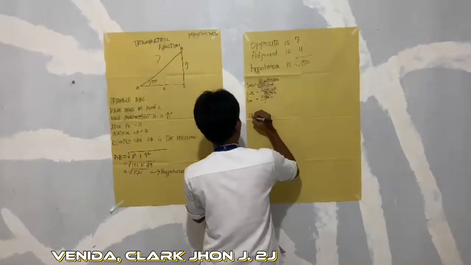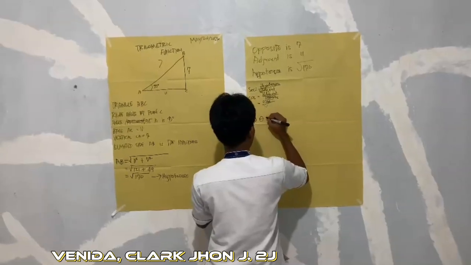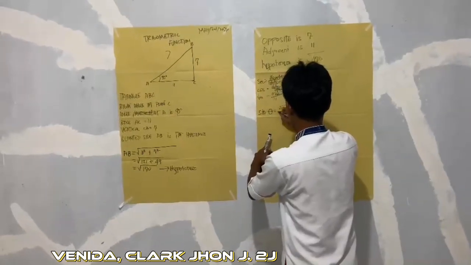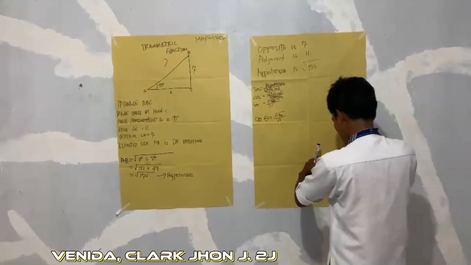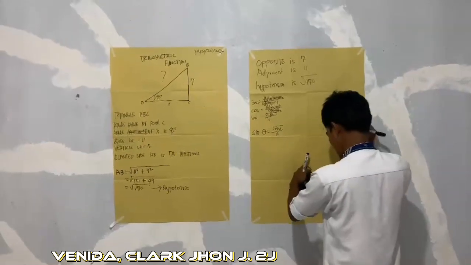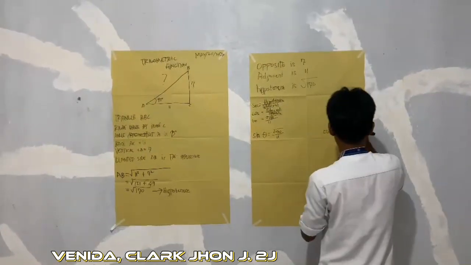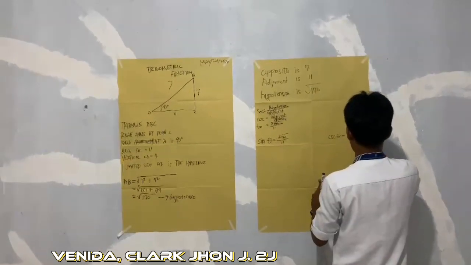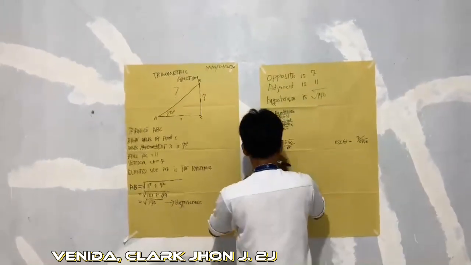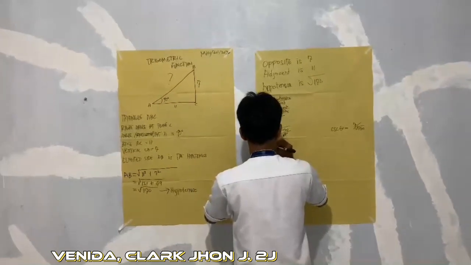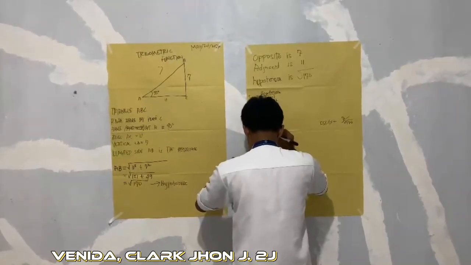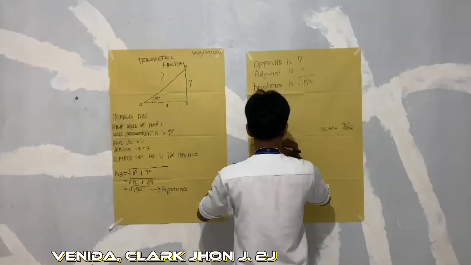Sin is 7 over square root 170. And the cos equals 11 over square root of 170.